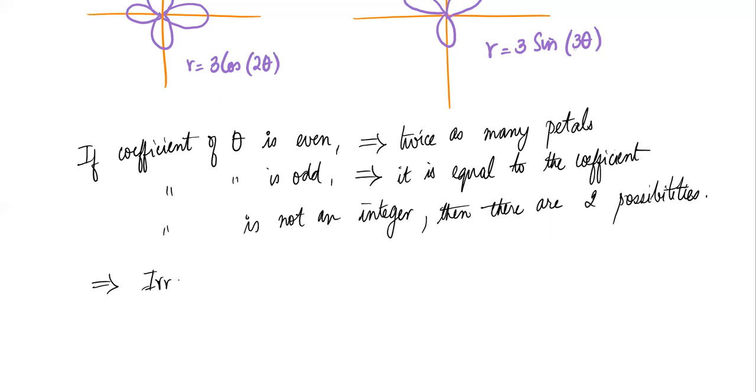If it's irrational, like √3, √2, e, pi, something like that, an irrational coefficient implies the curve does not close.